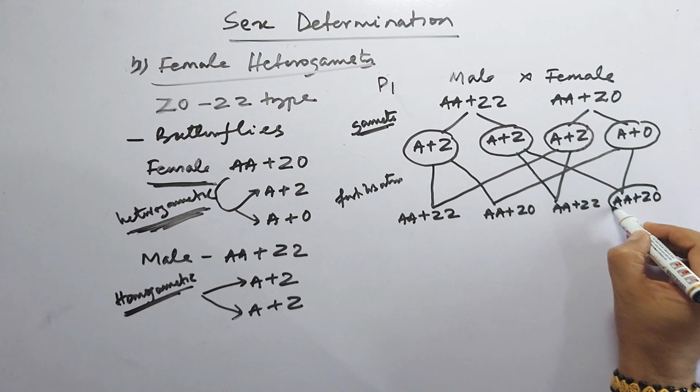The ZZ is the male one and ZO is the female one.